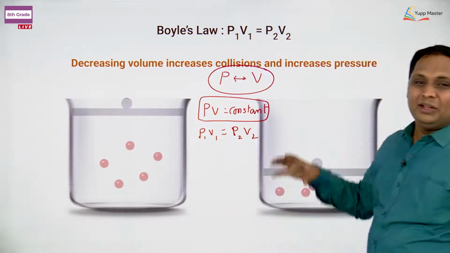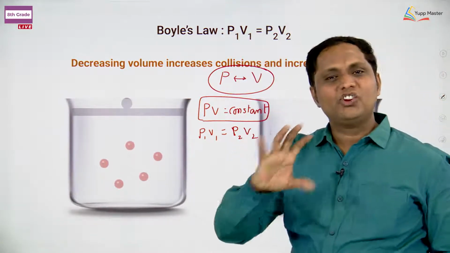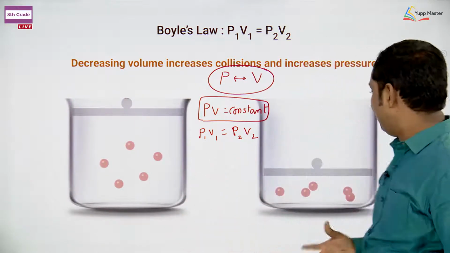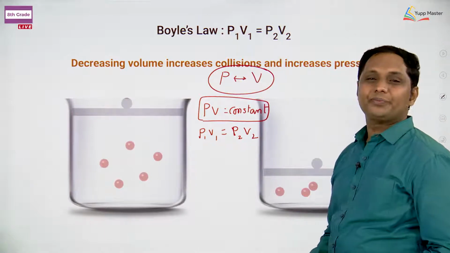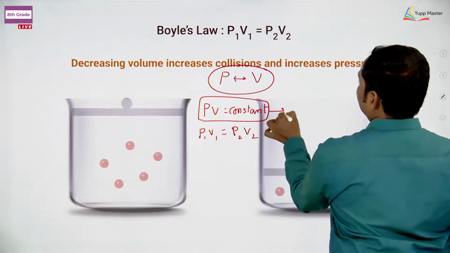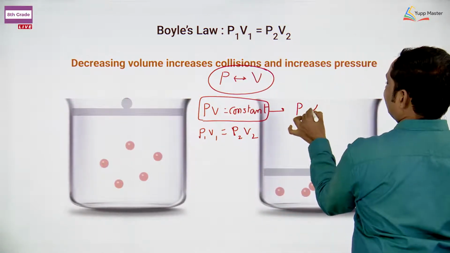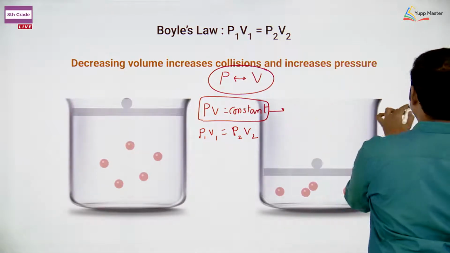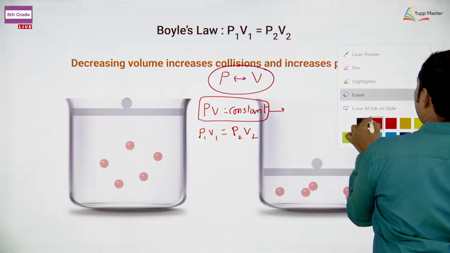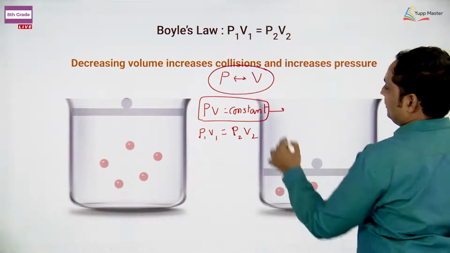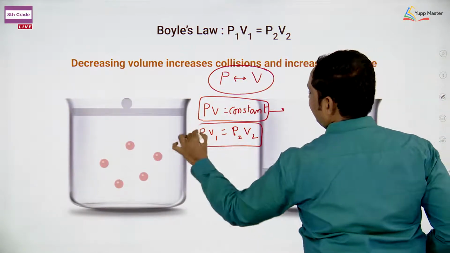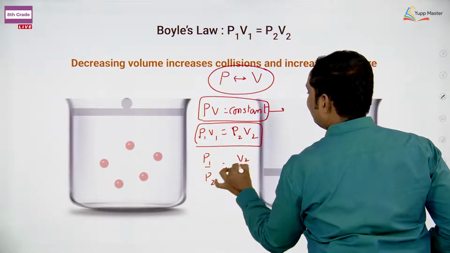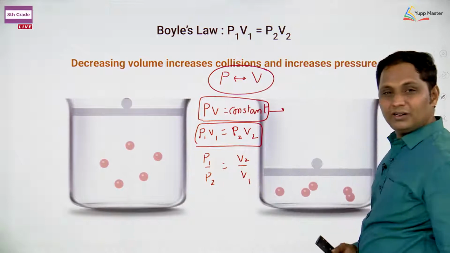As you talk about the variation of pressure, what is the effect on the volume? You will identify the inverse variation as P1 by P2 is equal to V2 by V1.